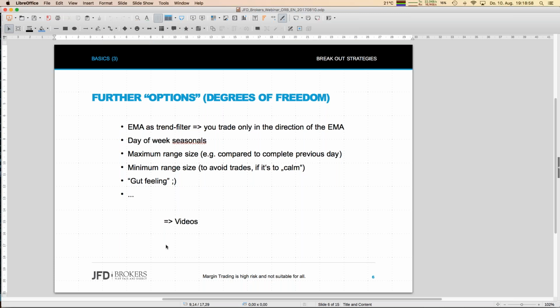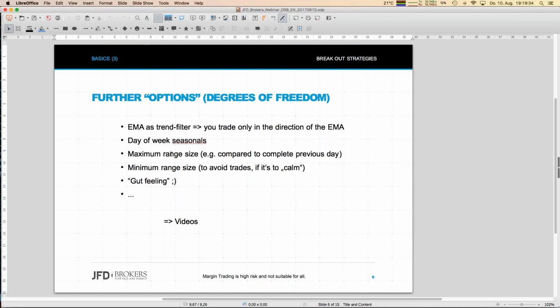So you set a maximum range size. Might be one idea. Maybe you compare it to previous days. You use indicators like an ADR, or you might even look to the volatility itself. So something like an ATR. If that is too high, that you say, no, I don't want to trade today. It's a good idea. I have something like that in one strategy as well, but not for today. It's another one.